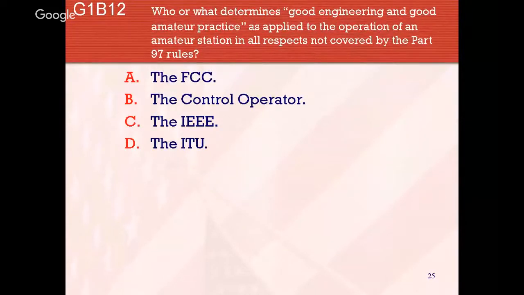Who or what determines good engineering and good amateur practice as applied to the operation of an amateur station in all respects not covered by the Part 97 rules? Again, it's the FCC. They determine what is good engineering and good amateur practice. It's not necessarily a violation of FCC rules. It's just, make sure you're operating well and politely.